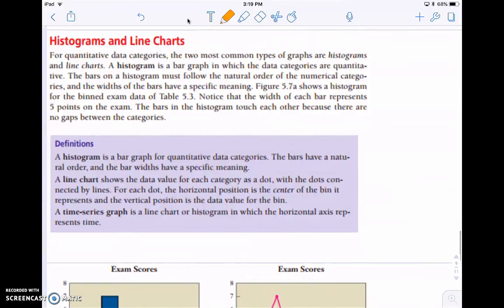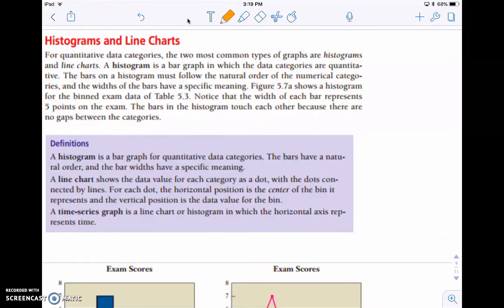Now, one type of bar graph that's used frequently is what we call a histogram. And it goes hand in hand with what's also known as a line chart. We use these as ways to represent data. For quantitative data categories, there are two very common graphs: histograms and line charts.